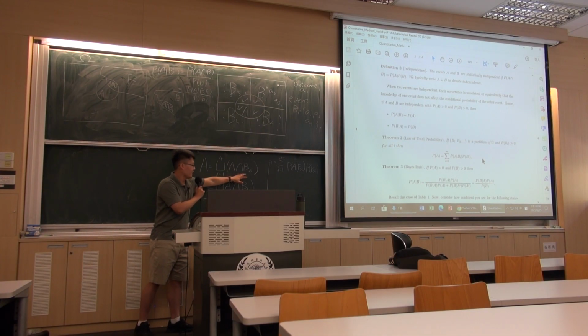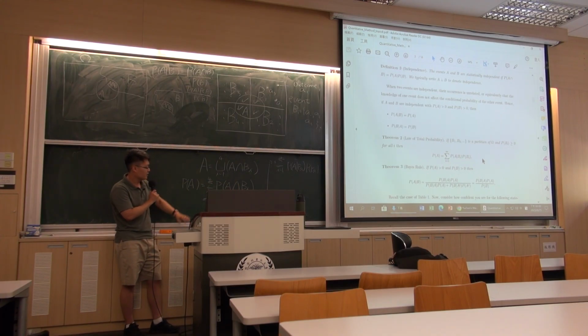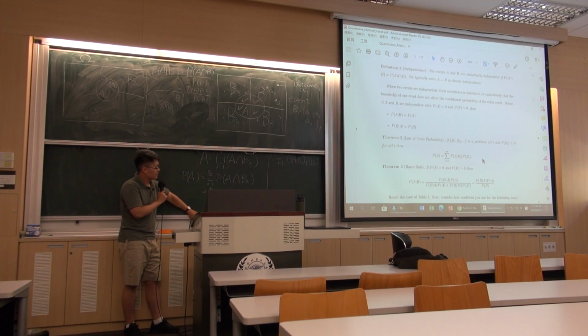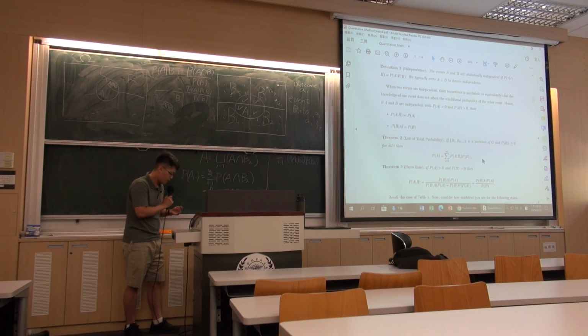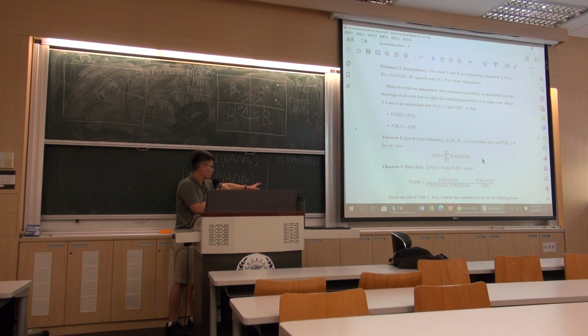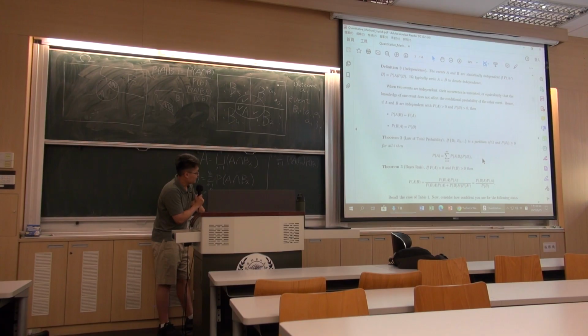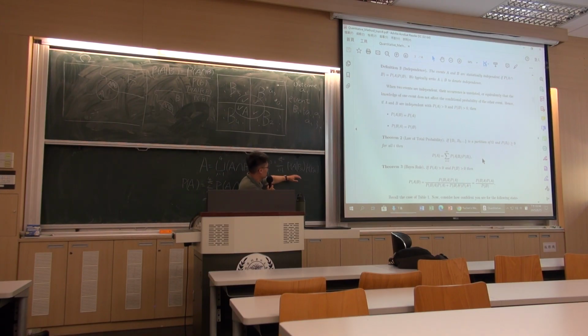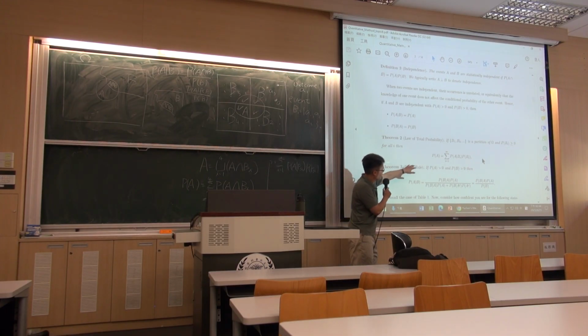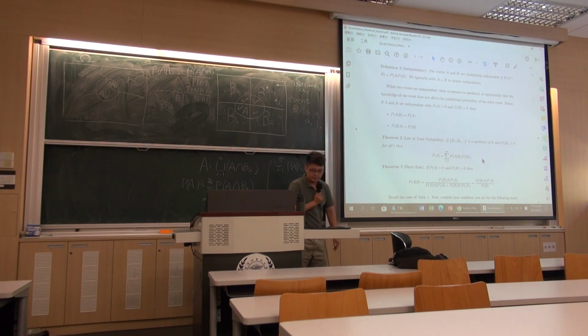You can put a sigma here, and do a little manipulation: you multiply by the probability of Bi and divide by the probability of Bi as well, which does not change the result. So you can write it this way, and the first term is exactly the expression of conditional probability, and that's why we get these terms there.